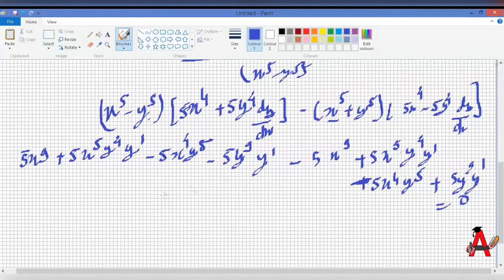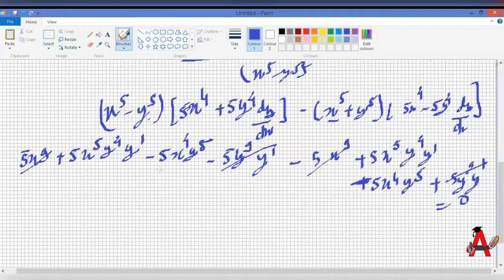Now there is a lot of cutting. 5x^9 minus 5x^9 goes, then 5x^4 y^5 will not go. Then minus 5y^9 y dash will also go.